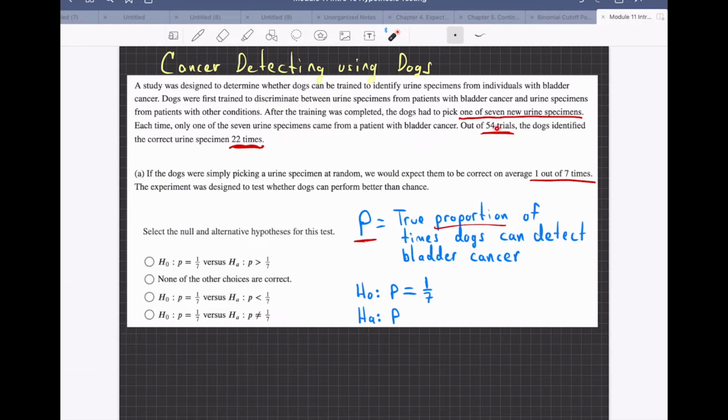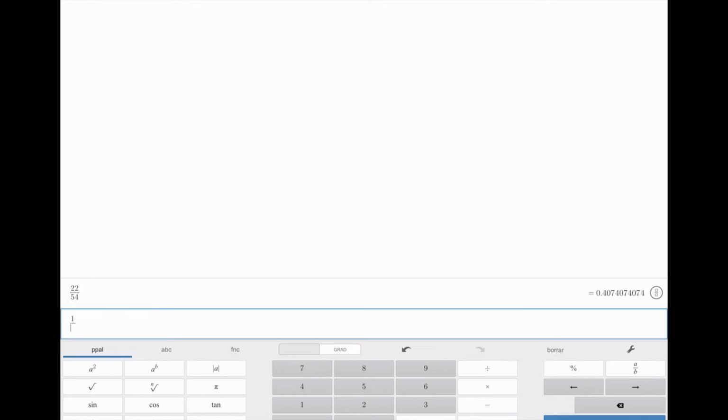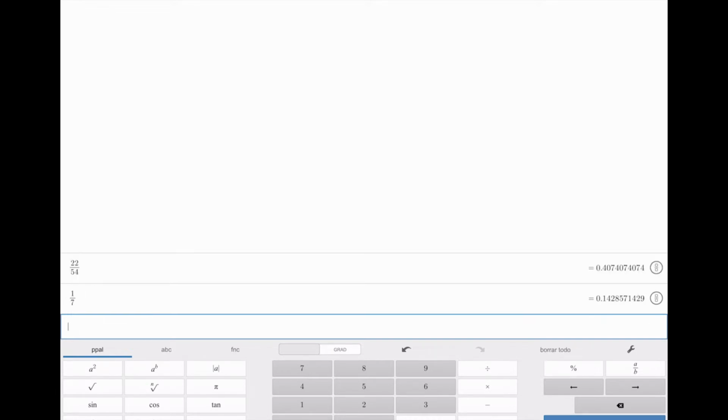How do we know what is the one? In this case, you will have to pay attention to what the sample says. The dogs in this sample were right 22 times out of 54. This is from the sample. 22 times out of 54 is 0.474. And 1 out of 7, the hypothetical value, is only 0.14.